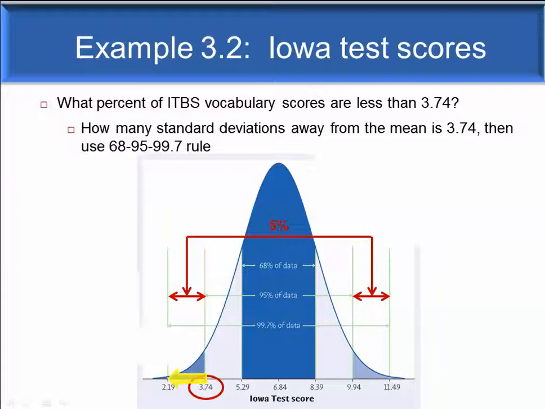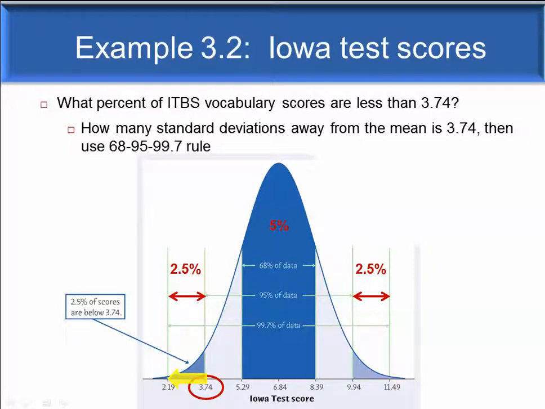So if we know that those two tails total 5% together, and we know that the distribution is symmetrical, that's part of the definition of normal, then we know that each of those two tails is 2.5% of the data. And then that now gives us the information, since we're only looking at this left-hand tail, the data that's below 3.74, we now know that 2.5% of scores fall below 3.74.